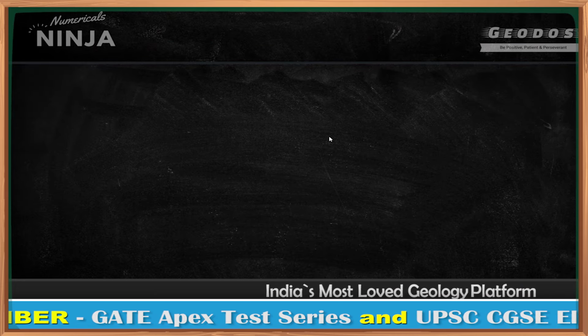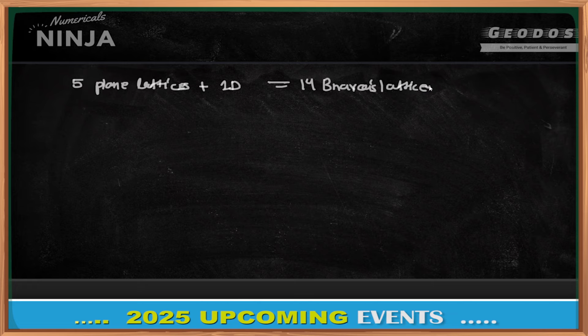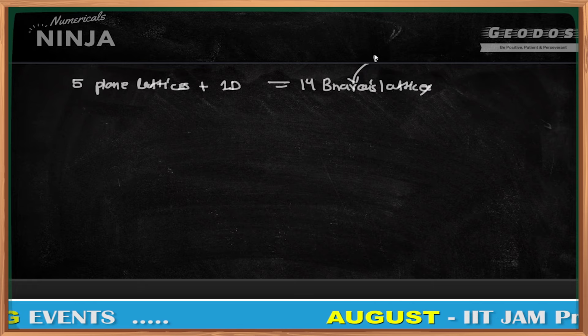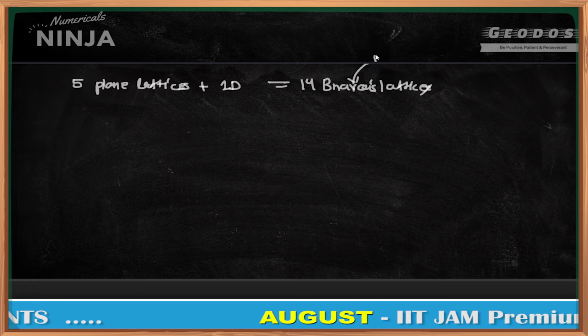They are basically 14 types, okay. We also call them Bravais lattices. What happens in this case: 5 plane lattices, and when we add one extra direction, it is going to give you 14 Bravais lattices. Bravais lattices is nothing, it is a synonym of space lattices, okay.